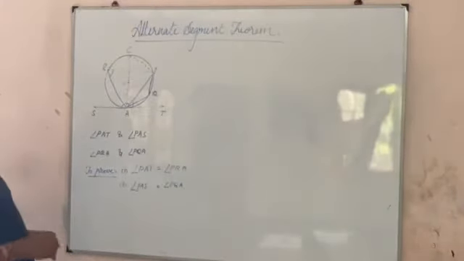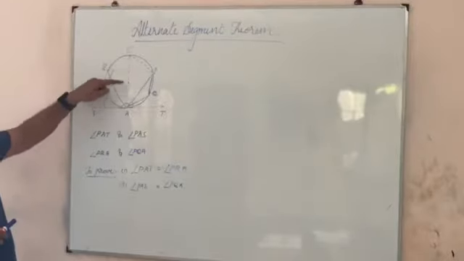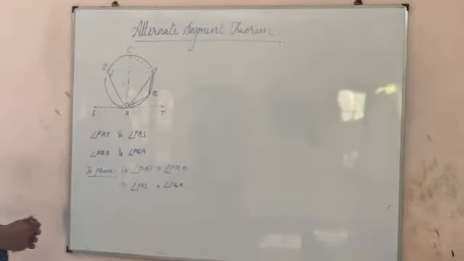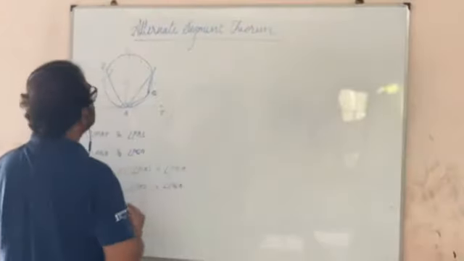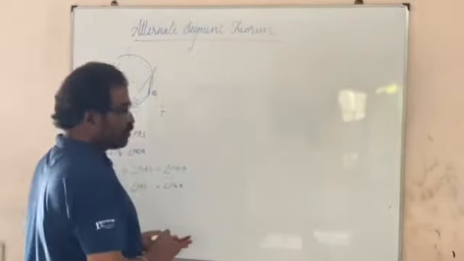This is the construction given. The construction part you can show by dotted segments here. You have to write and show the construction part. Then coming to the proof part.